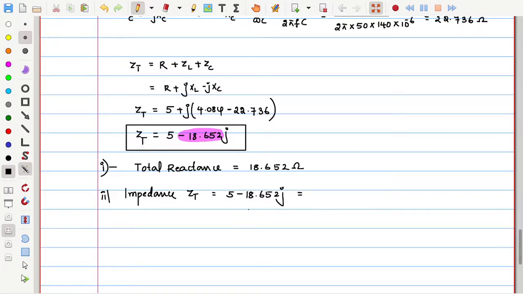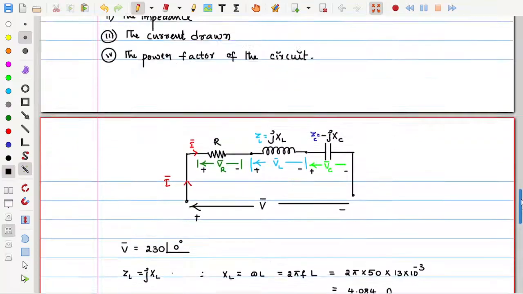This is in rectangular form, so now let me put this into polar form. How much will I get? The magnitude is 19.31, and the angle is minus 74.99 degrees.